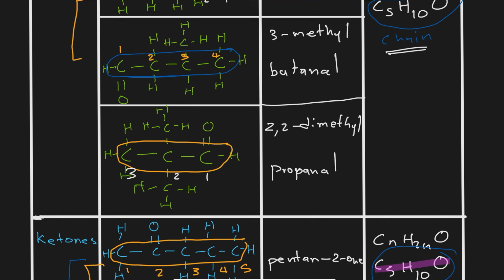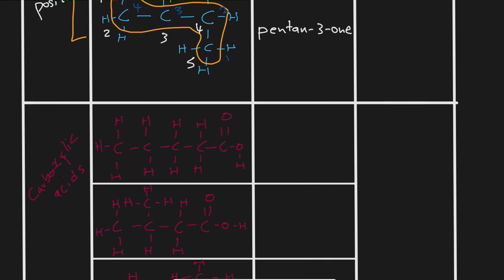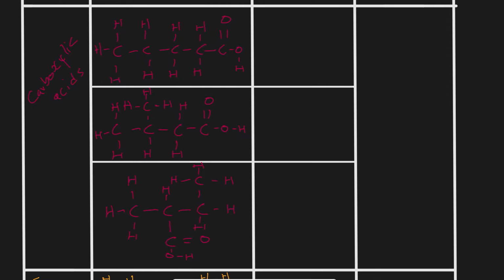So now, if we move on to naming a carboxylic acid, we're going to look at the main chain. Remember, the main chain is the chain that contains the functional group. The functional group of a carboxylic acid is an oxygen double bonded to a hydroxide on one carbon. So if you look at this, how many carbons do we have in the main chain? We have 5 carbons.